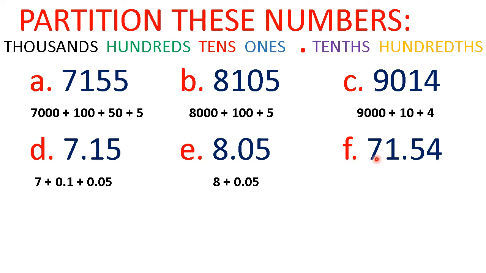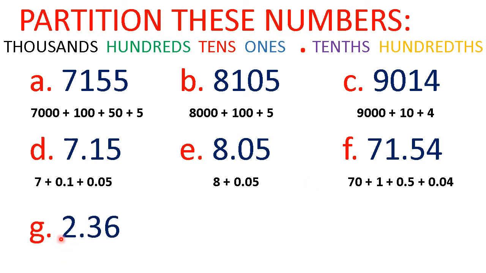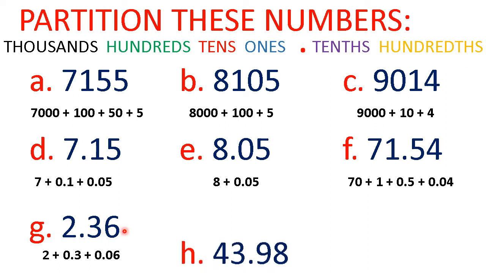F, 71.55, is 70 plus 1 plus 0.5 plus 0.05. G, 2.36, is 2 plus 0.3 plus 0.06.